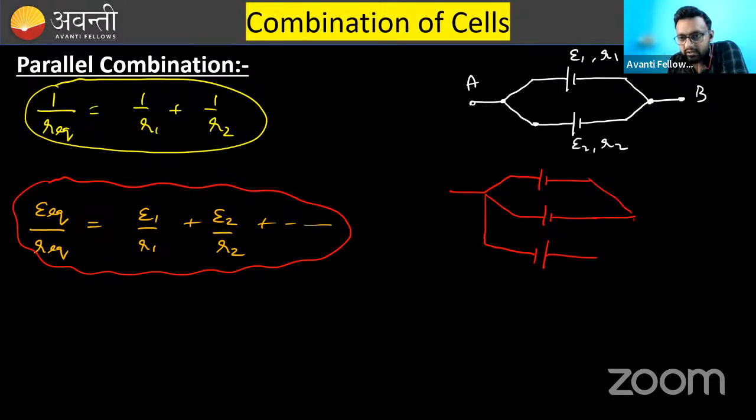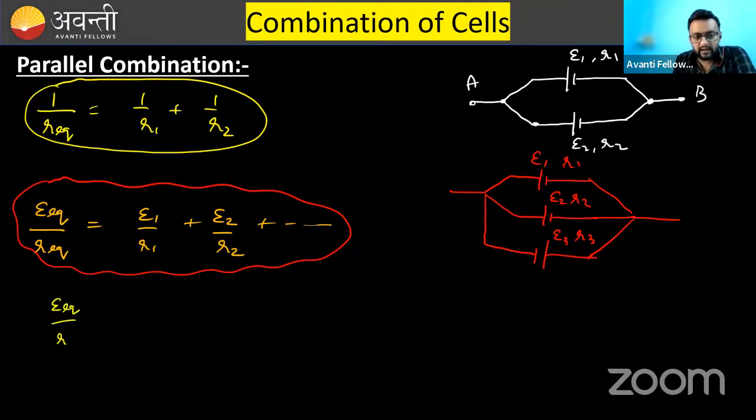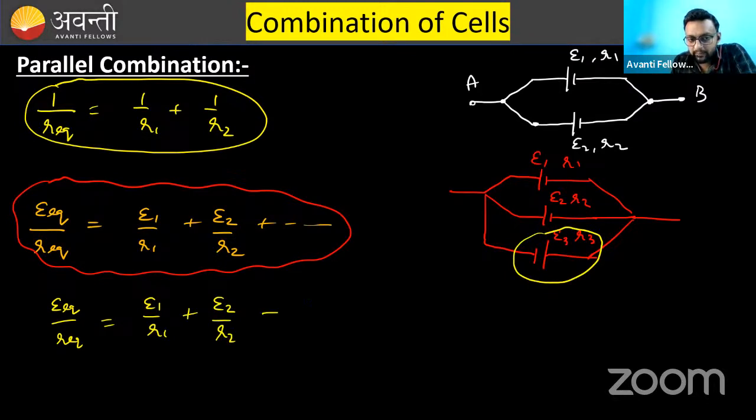so there are three cells you can see. E1, R1, E2, R2, E3, R3. This is a very famous question. So what will be the E equivalent in this situation? You should write E equivalent by R equivalent is equal to E1 by R1 plus E2 by R2, and the polarity of this cell is reversed, so you should write minus E3 by R3.